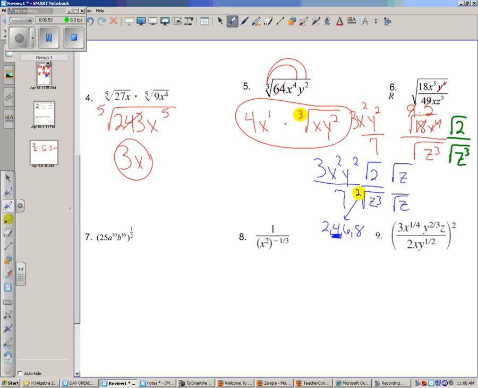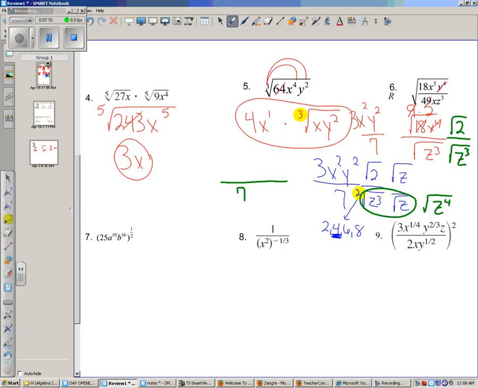As far as the denominator goes, this is now the square root of z to the fourth, and that has a perfect square root. The square root of z to the fourth is z squared. So I'm going to take that z squared and add it to my denominator. In green, this is my final answer.